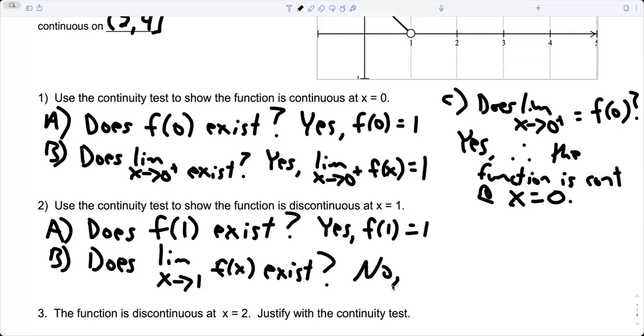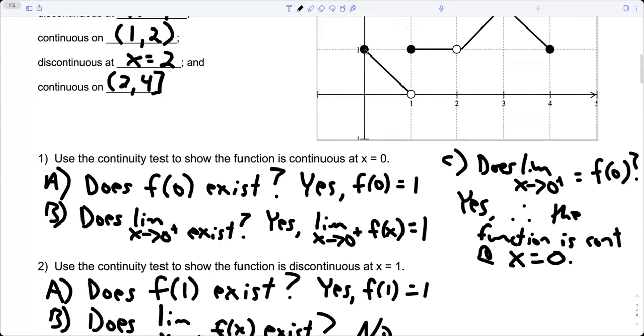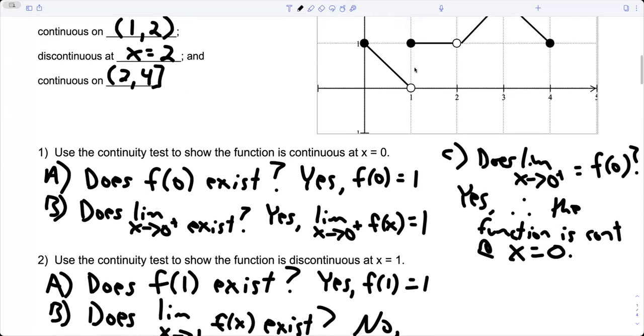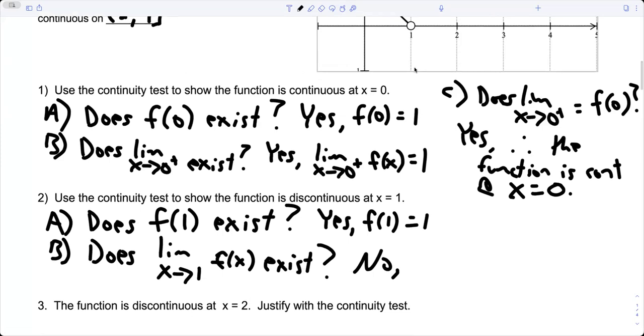What must be true for a limit to exist? Okay, so on the left-hand side, it is approaching 0. On the right-hand side, it is approaching 1. Those two things are not equal. Therefore, the value of the limit does not exist. So no, limit as x approaches 1 of f of x does not exist.